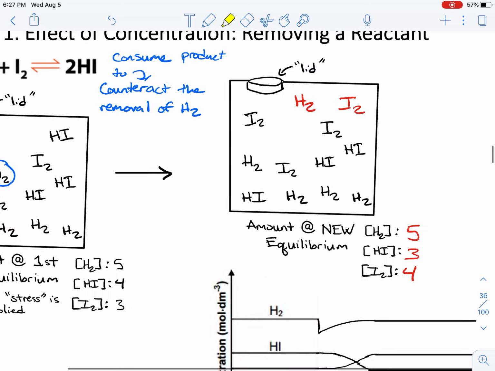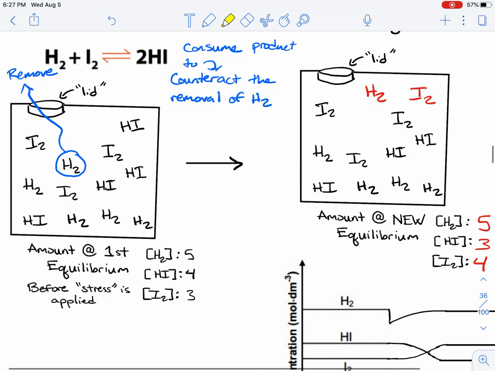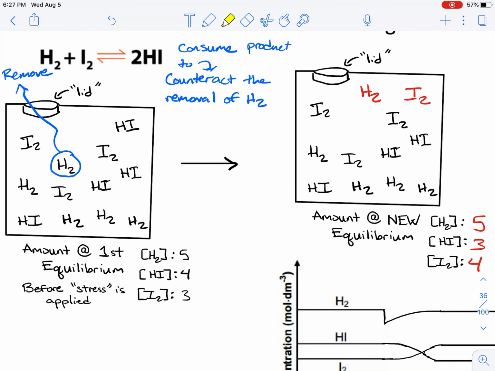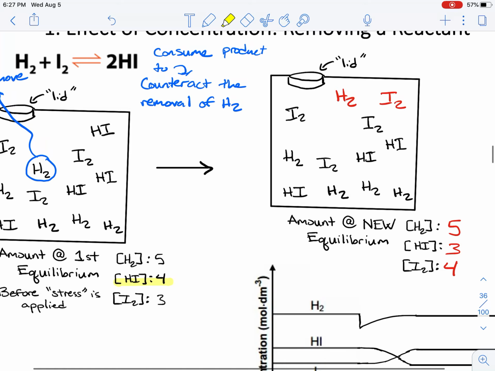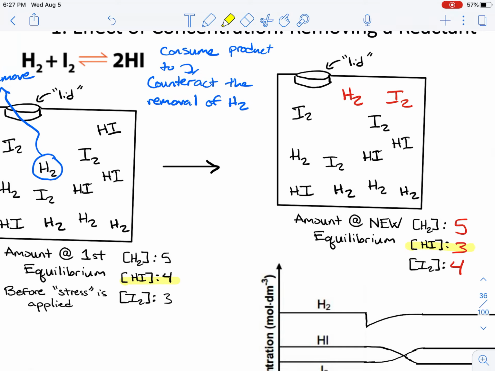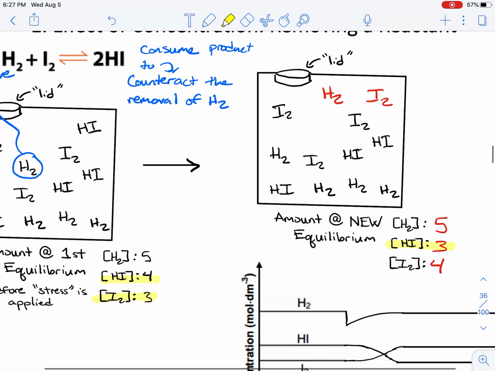So once again, I want you guys to notice the difference. At the first equilibrium, before the stress was applied, we have 4 HIs, and now it decreased to 3. And after we consumed the product to counteract the stress, we went from 3 I2s to 4 I2s.